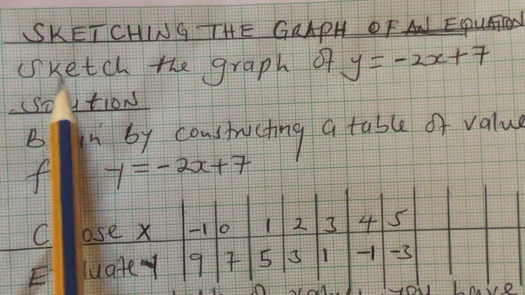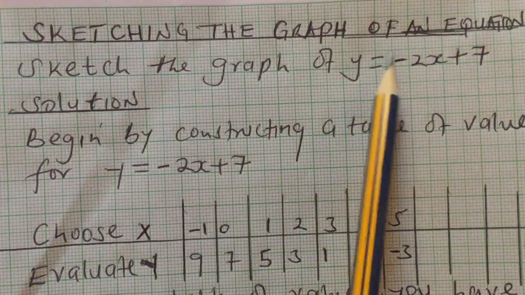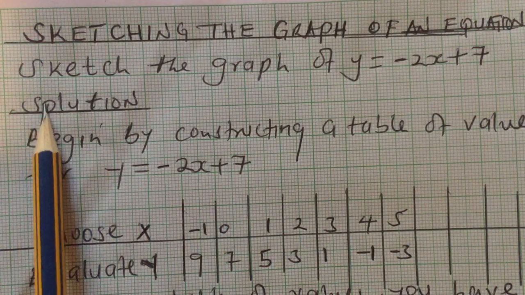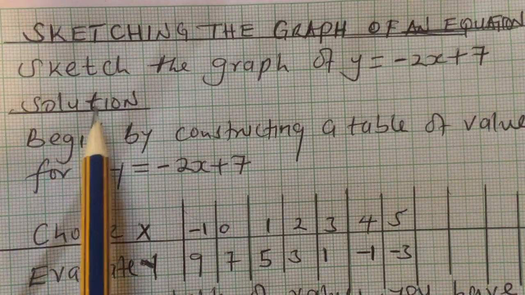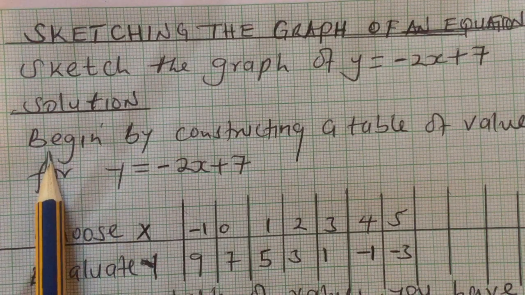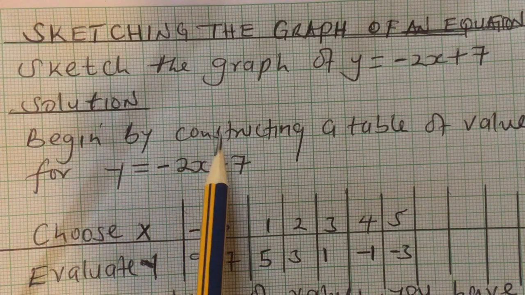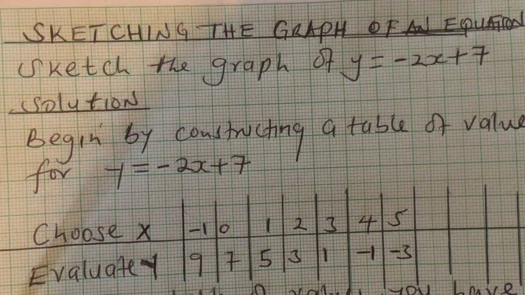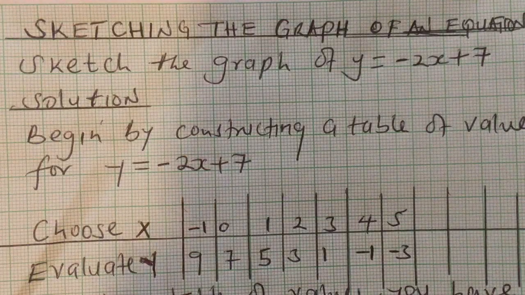Here you are told to sketch the graph of y equals -2x plus 7. I've tried to provide the solution to this problem, and I've said you can begin by constructing a table of values for y equals -2x plus 7.